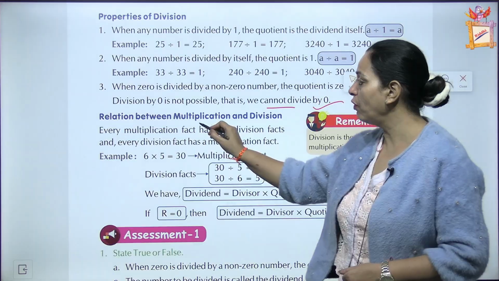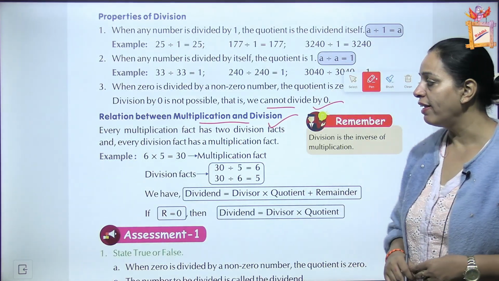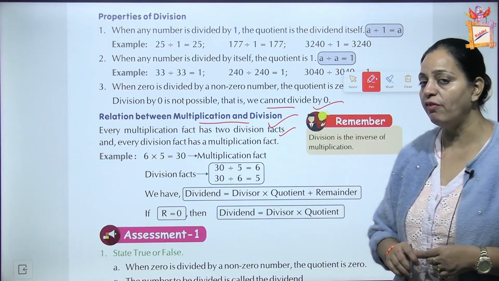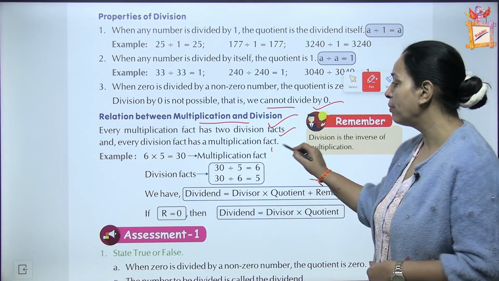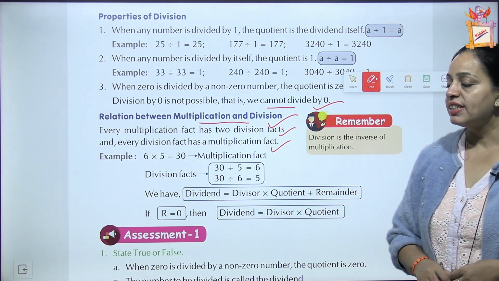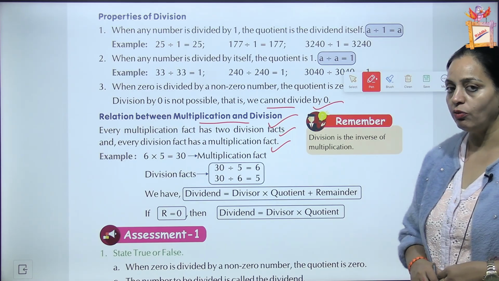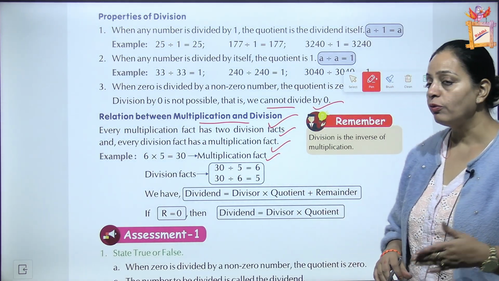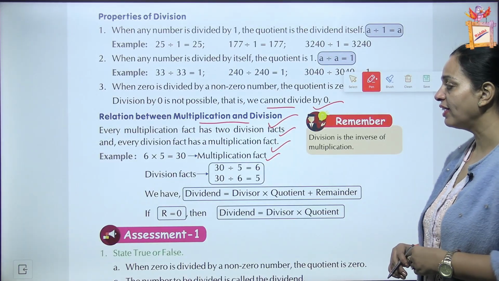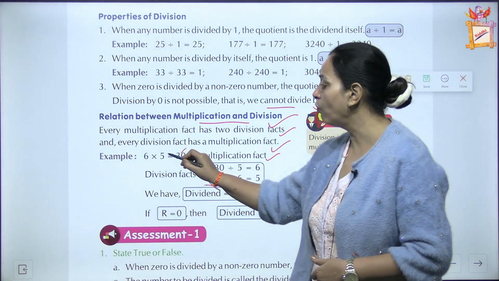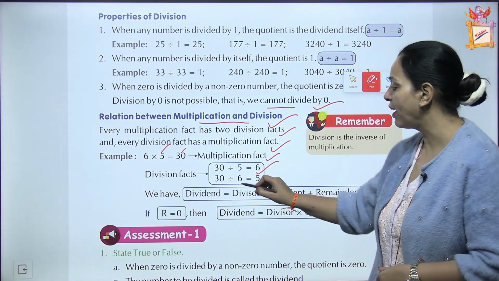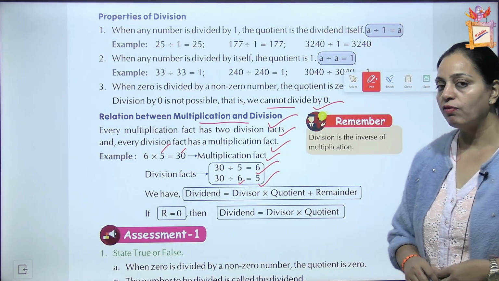Now relationship between multiplication and division. Every multiplication fact has two division facts and every division fact has a multiplication fact. See, 6 into 5 equal to 30. We know 6 5s are 30. This is the multiplication fact. So what division facts will come from here? It means if we divide 30 by 5, you will get 6 and 30 divided by 6, you will get 5.